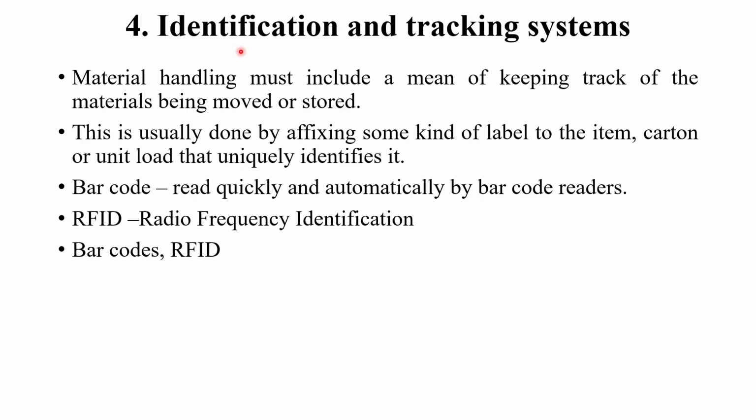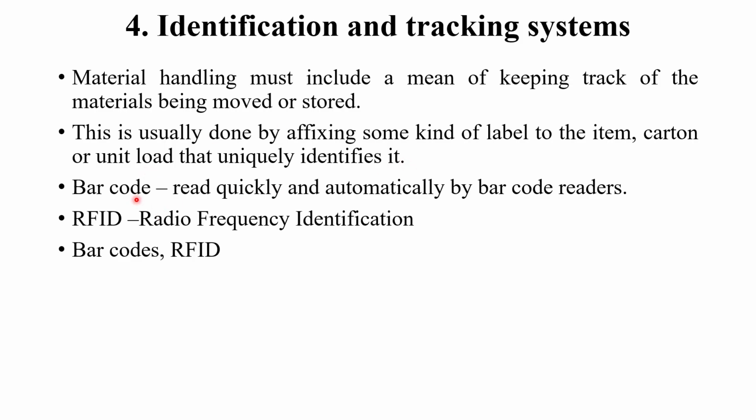The last part of the material handling system is the identification and tracking system. It is very essential that all material handling include a means of keeping track of material being moved or stored. This is usually done by fixing some kind of label to the item, carton or unit load that uniquely identifies it.